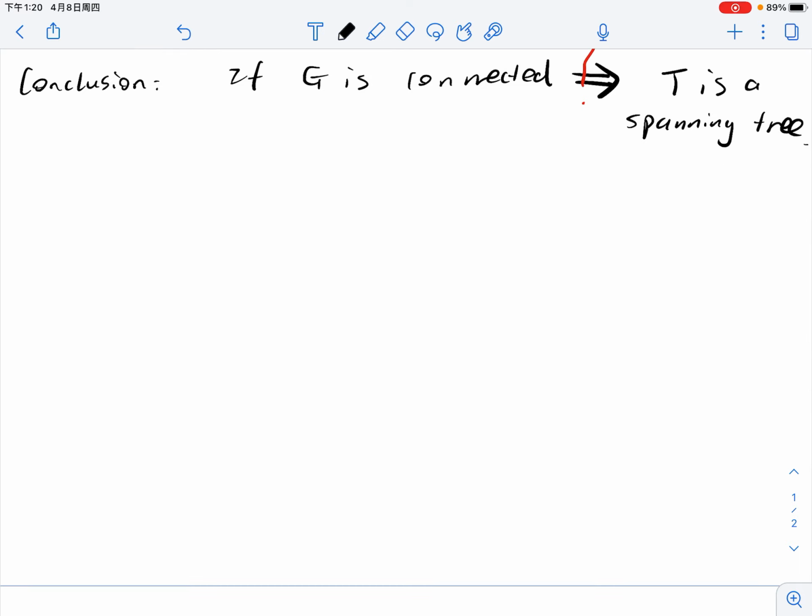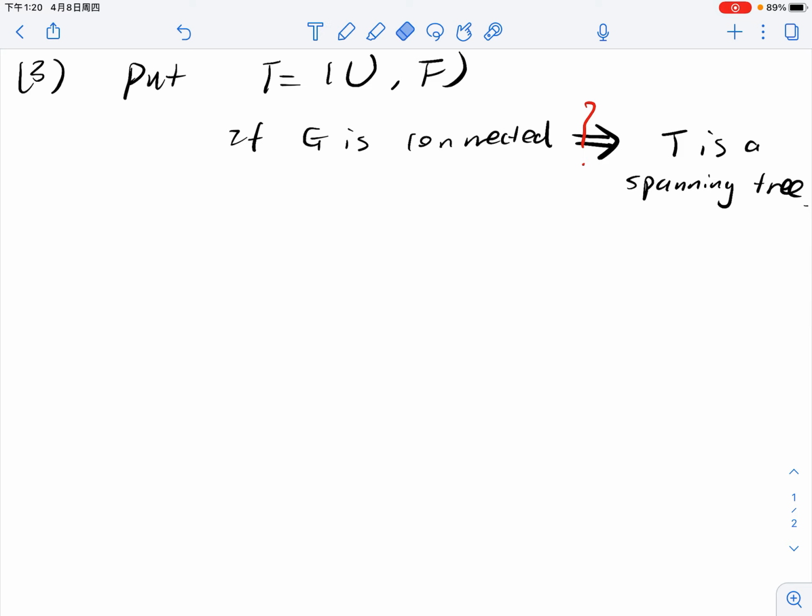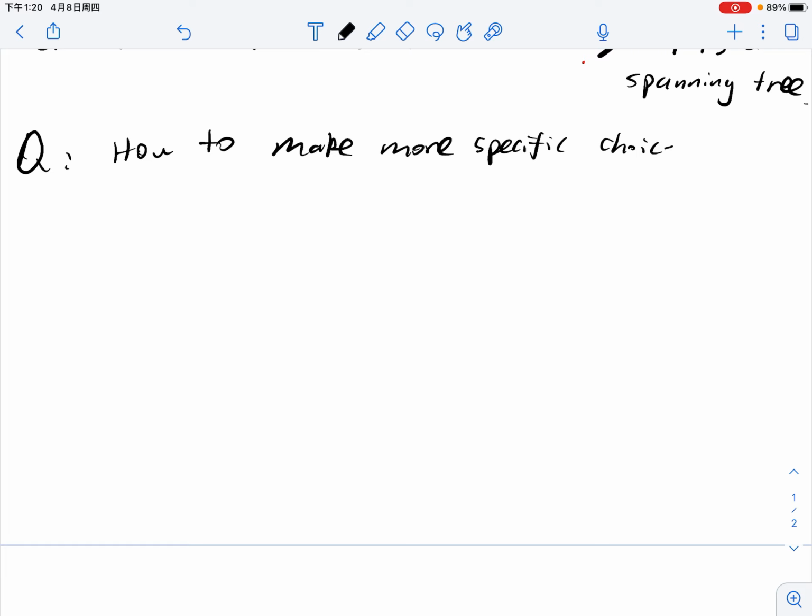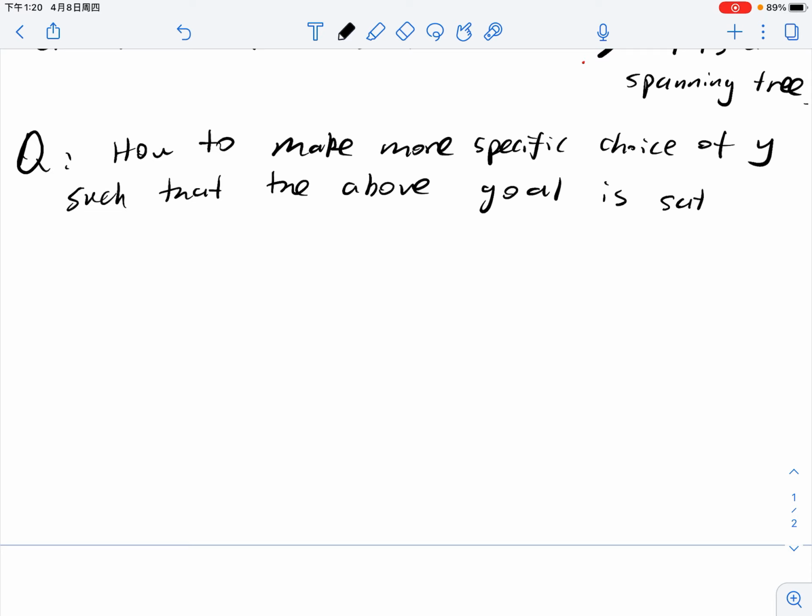Then the question is how to make a more specific choice of y such that the above goal is satisfied.